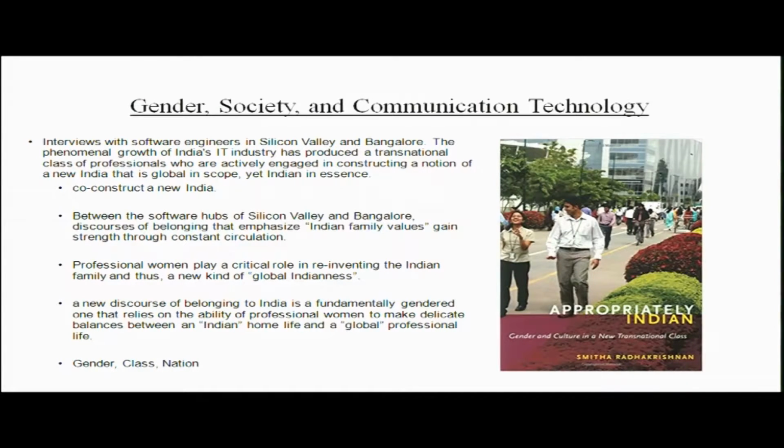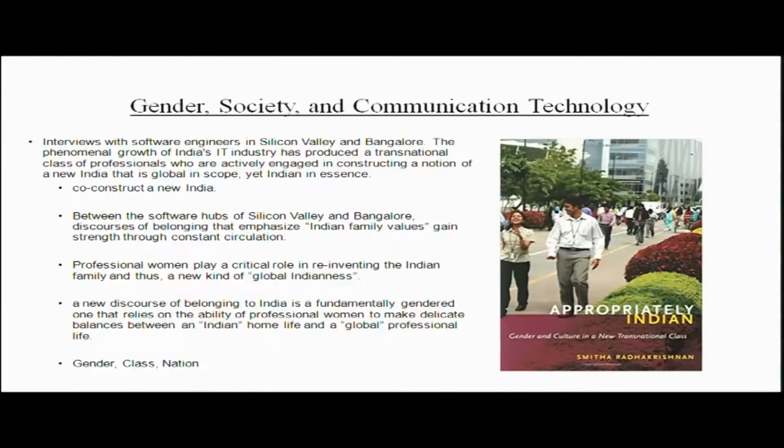So it's not just the appliances or the technology that one uses within the domestic space, but also the role of technology outside the domestic space, which has a very strong influence on redefining a domestic space.